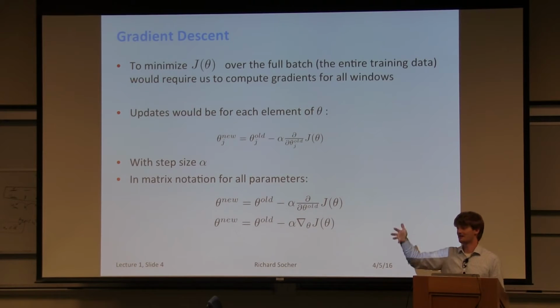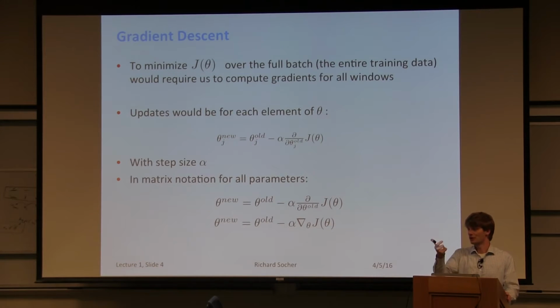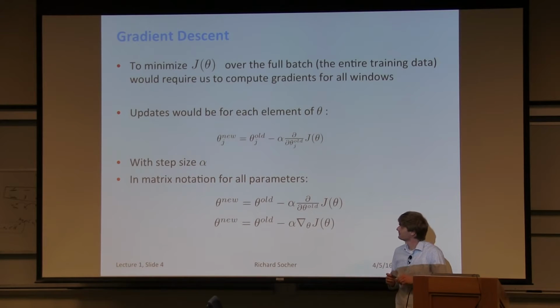So not only do we have millions of potential words, but we also have many, many millions of windows as we convolve or go over each separate window one at a time, over, for instance, all of Wikipedia, right? And so if we wanted to compute the next update for theta, so theta new during our gradient descent method, this would be our standard equation for gradient descent.